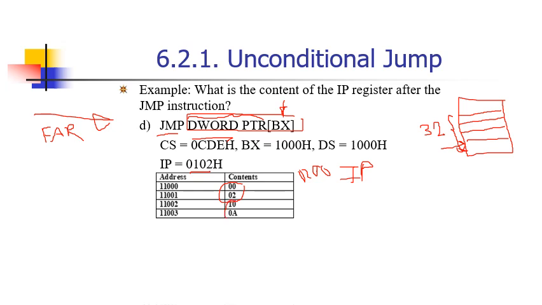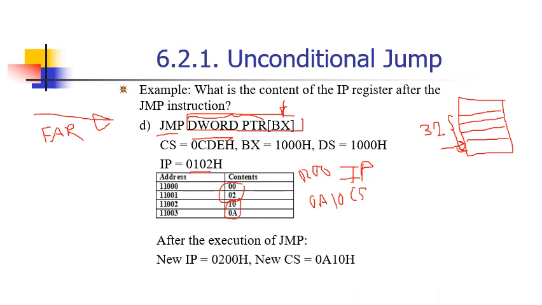And the next lowest or the highest two addressed bytes are 0A high and high 10 low and low. This is your new value of CS. After execution, this is your new value of CS, and this is your new value of IP. Good.